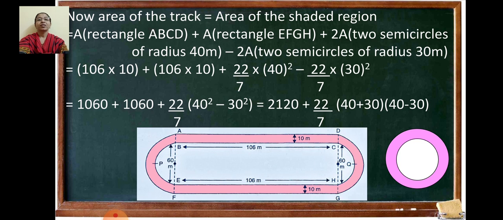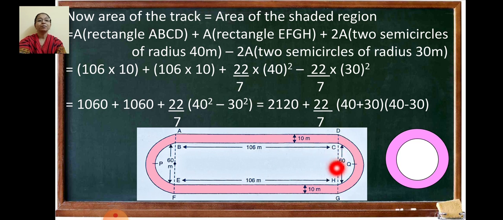So here now the area of the track is equal to the area of the shaded region. So that is nothing but area of rectangle ABCD plus area of rectangle EFGH plus the area of two semicircles of radius 40.